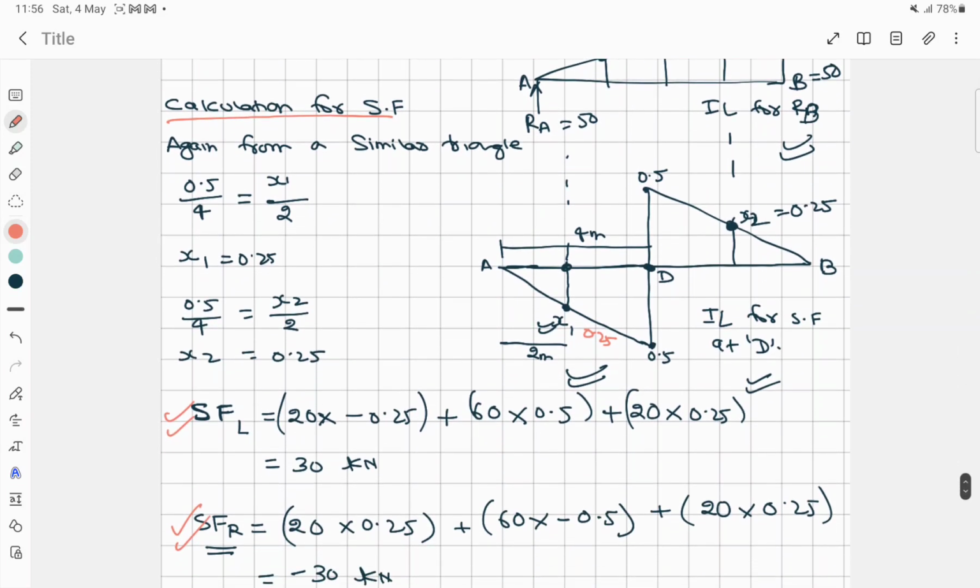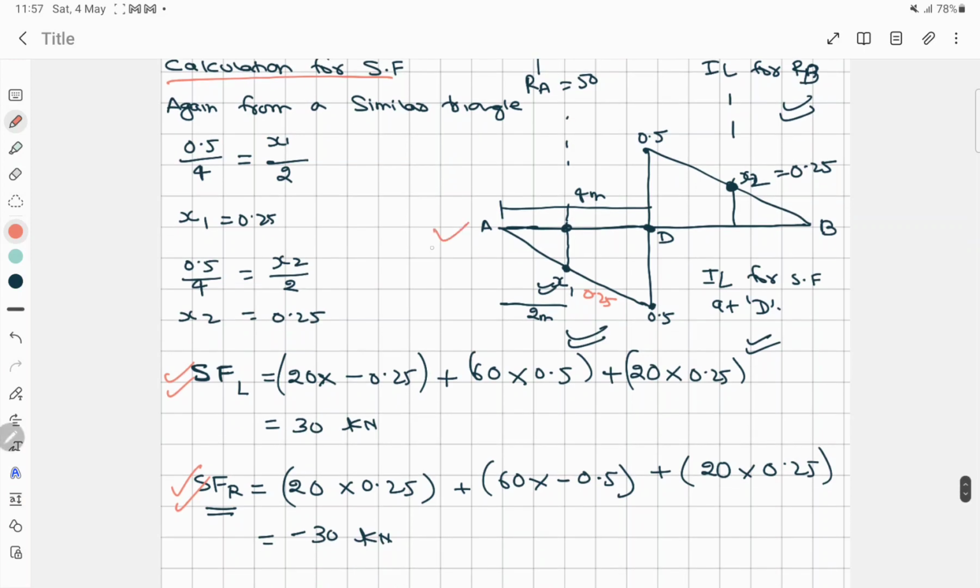Now next is to calculate the shear force. This is the diagram, and this diagram has also been shown in my previous video, so you can go and check how it has been drawn and calculated. Again from the similar triangle, we have to find those values x1 and x2.